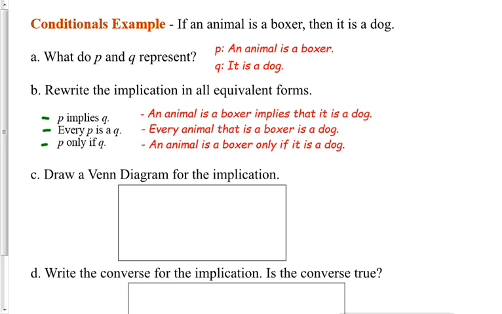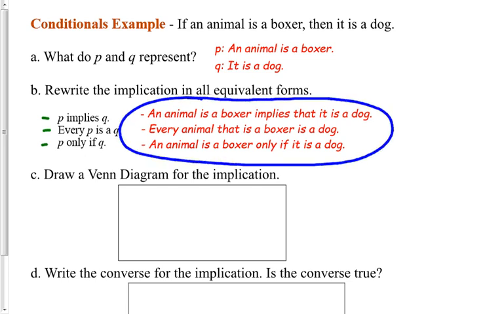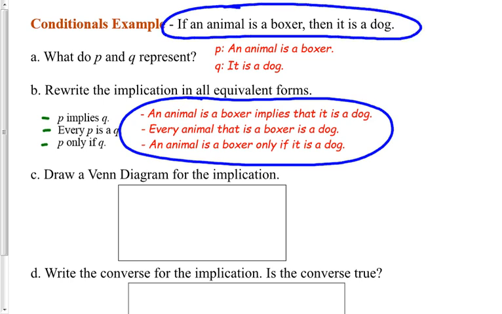The second equivalent form would state every animal that is a boxer is a dog. And finally, an animal is a boxer only if it is a dog. We recognize that all 3 of these statements, along with the original implication or conditional statement, say the exact same thing and have the exact same meaning.